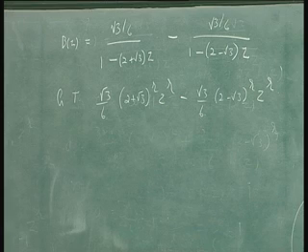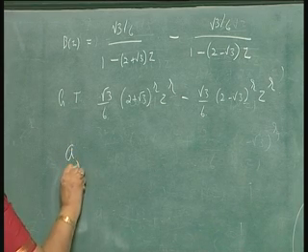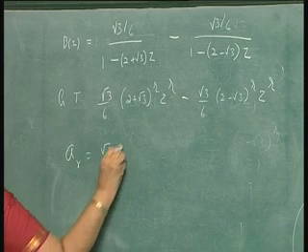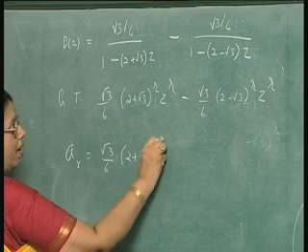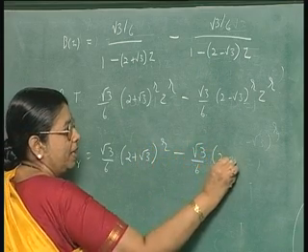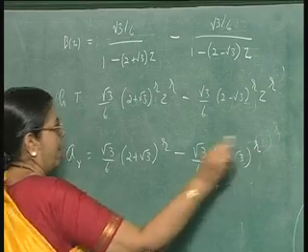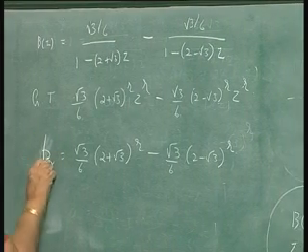So, the coefficient of z power r is the value for Br. So, Br is given by root 3 by 6 into (2 plus root 3) power r minus root 3 by 6 into (2 minus root 3) to the power of r. I am sorry, this is Br, expression for Br. So, Br is this.